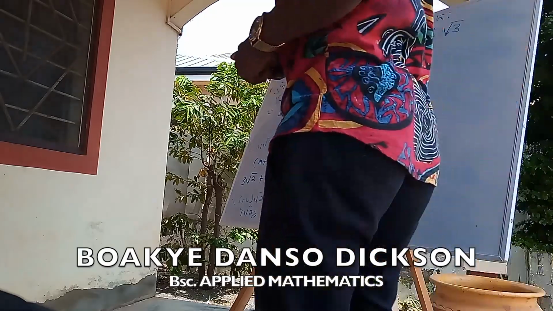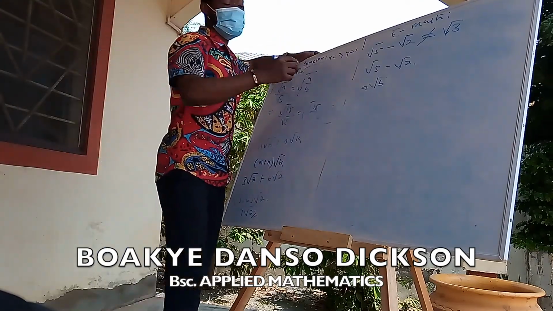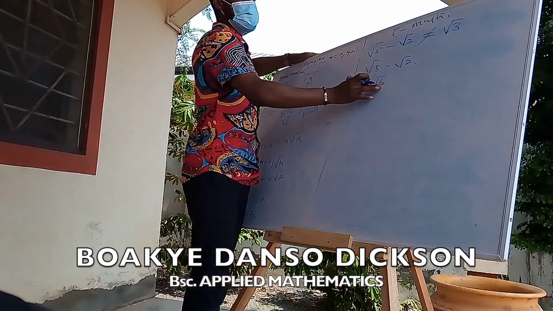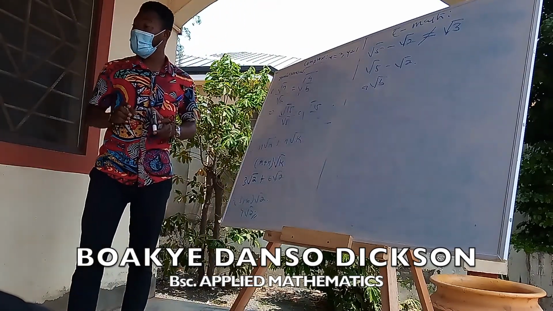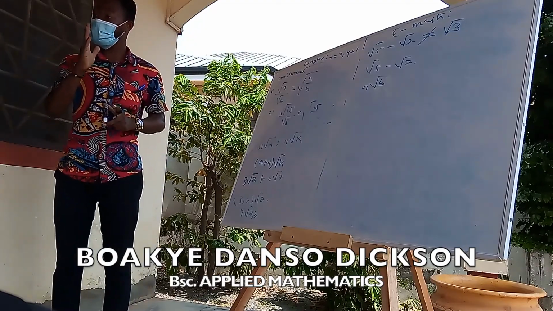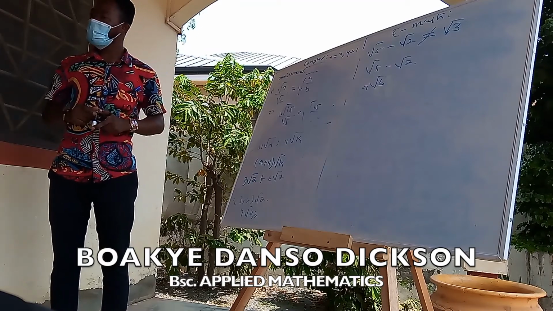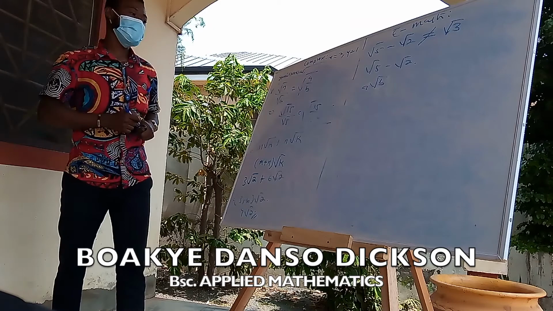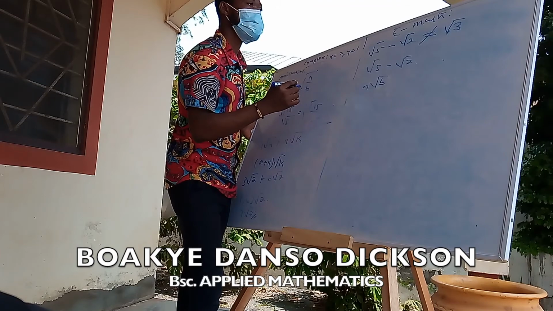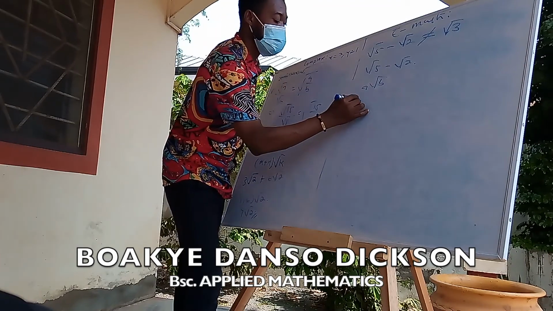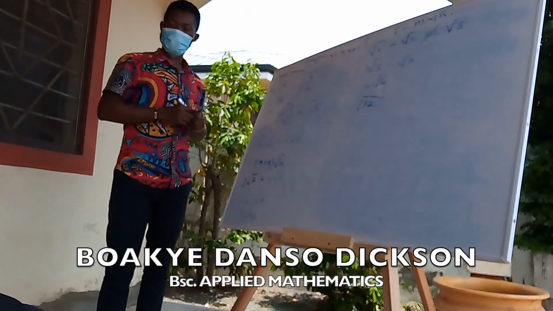So anytime I get a value under the root, and there is no way I can break that value to get a perfect square, it means that is the simple form. Just as we did earlier, if I have, say, √12.